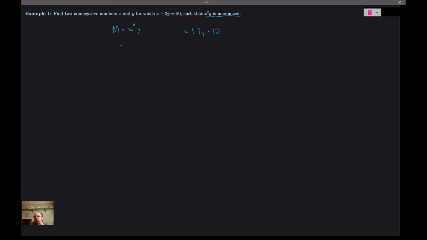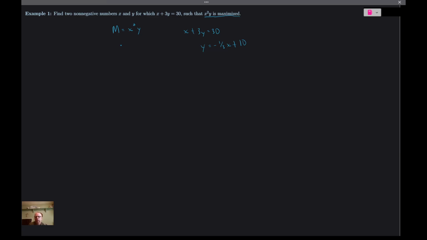And so what we can do, you could solve this for either of these variables and plug it in. I probably would not suggest plugging y in for x because you square it. So let's solve this equation for x. Or sorry, let's solve it for y. So y equals negative 1/3 x plus 10.